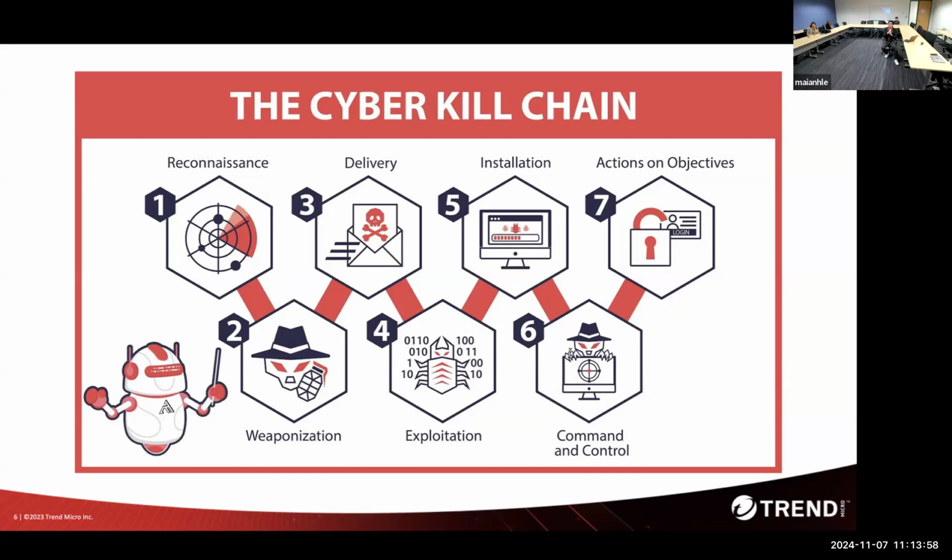Say I found a weakness, I try to weaponize that, and I deliver my malicious code or payload, and then it gets executed, and I install my malware, my remote control agent, in the server, and then steal things, do bad things. So that's one way the cyber industry tries to frame what a cyber attack looks like.